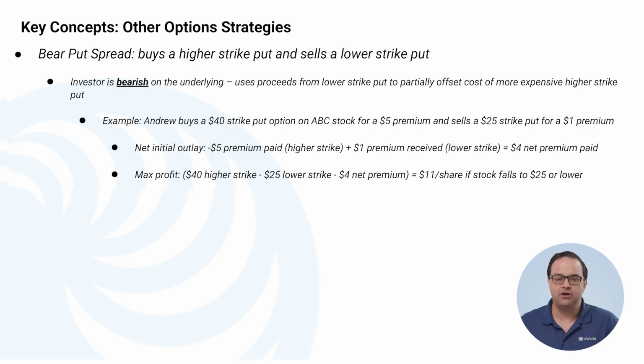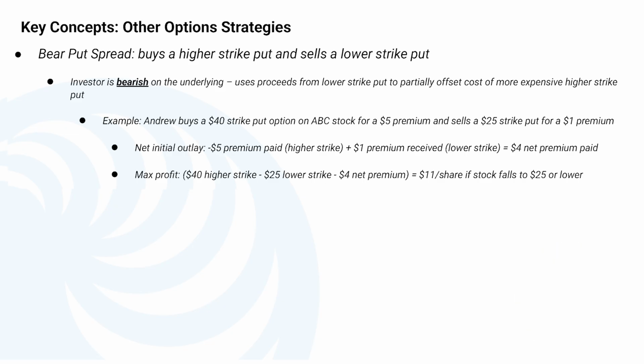The max profit on this position would occur at or below $25 a share. So if the stock falls at or below that level, the bearish investor will make $11 a share, and that's calculated between the differences of the higher strike and the lower strike, net of the initial premium outlay.